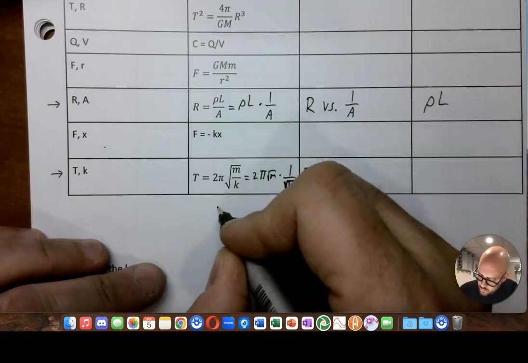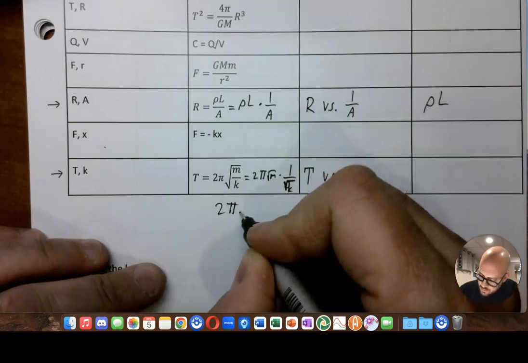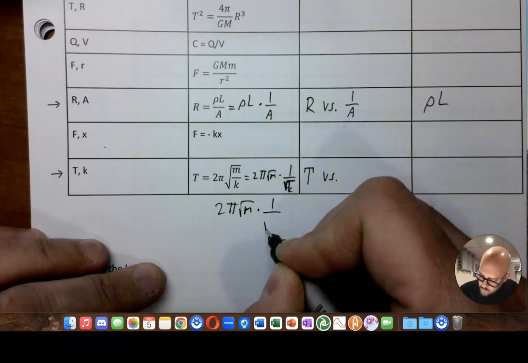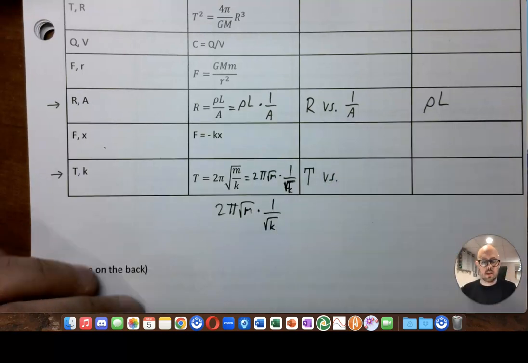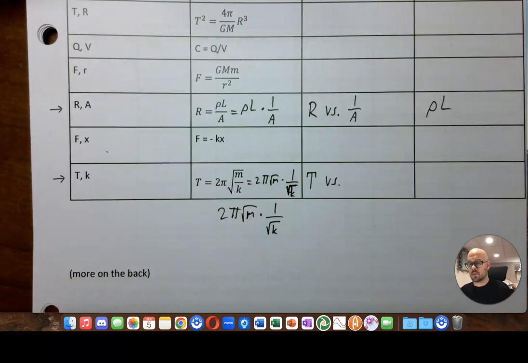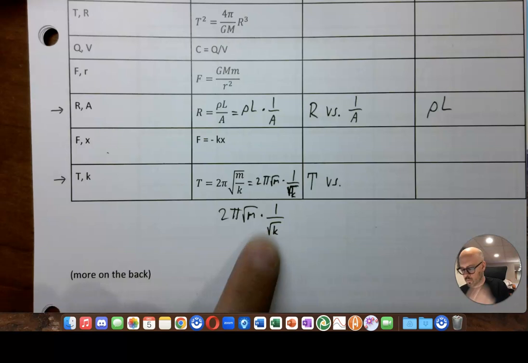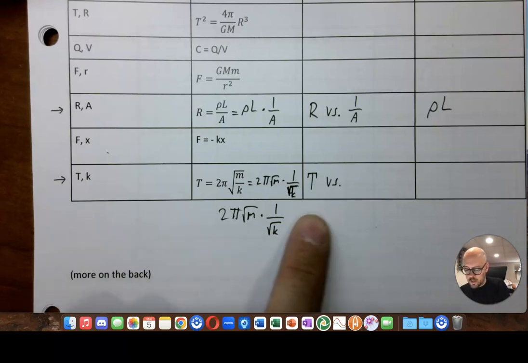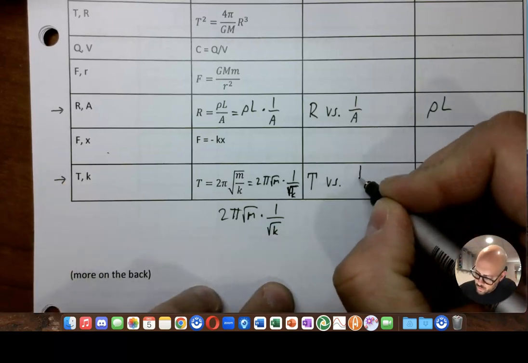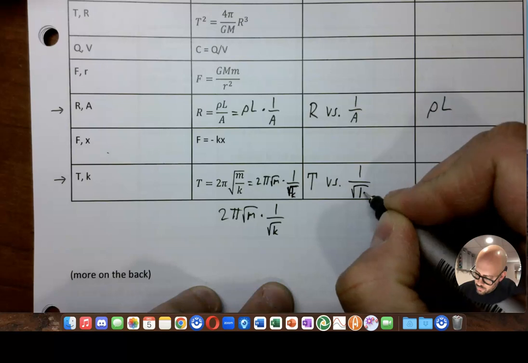I'm going to write that one more time so you can actually read it. 2 pi root m times 1 over root k. I can separate that radical into the numerator and the denominator as long as I put the 1 over root k there. So what that means is what I'm going to graph between period and k: I'm going to graph period versus 1 over the square root of k.